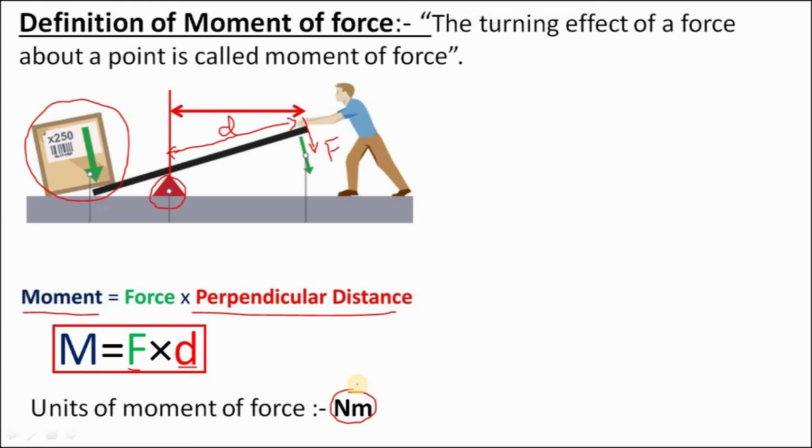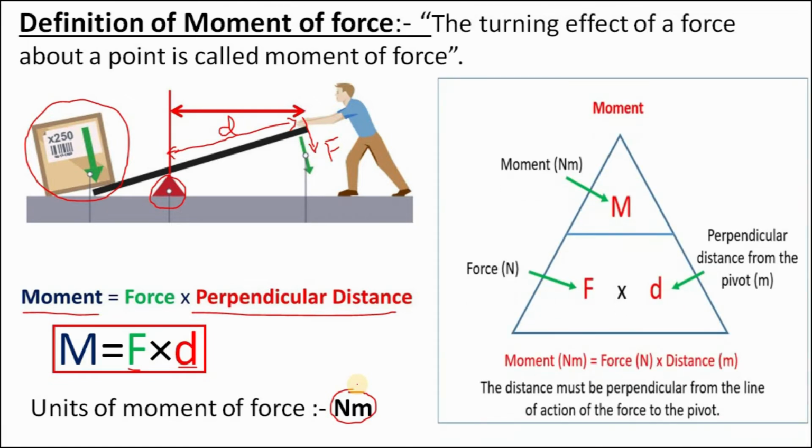So how can we remember this formula to find it in terms of force and in terms of distance? This is the beautiful triangle you can remember. In this triangle, the upper part is moment, the left side is force and the right side is distance. If you want to calculate moment, close the moment, then you find force times D, distance.